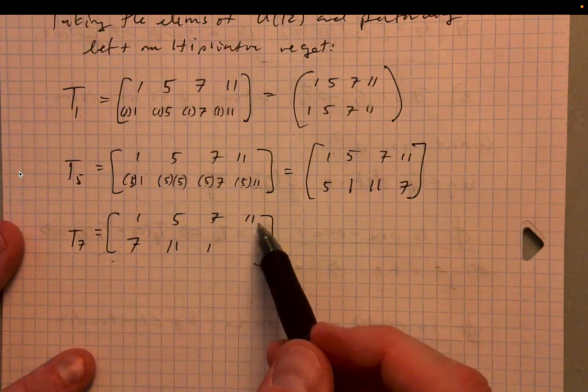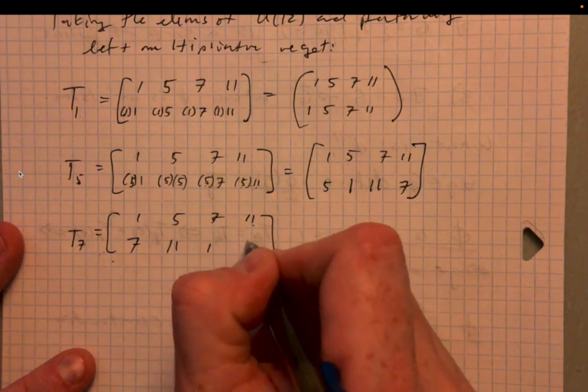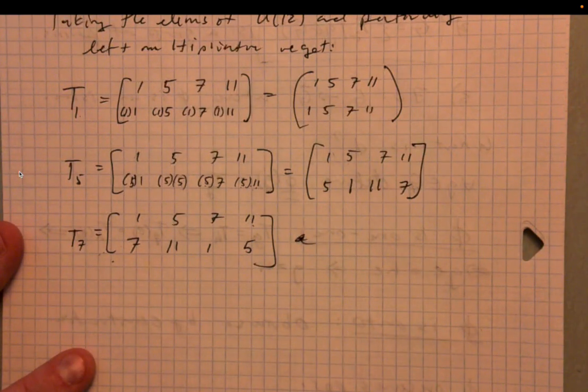And then 7 times 11 is 77, and so that is congruent to 5, right? So that's T7.